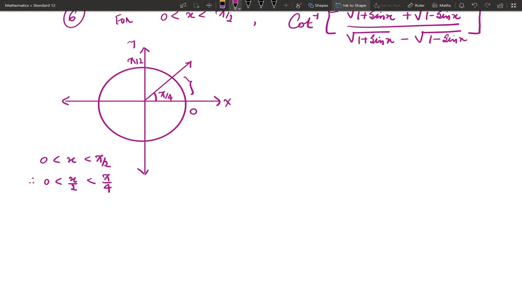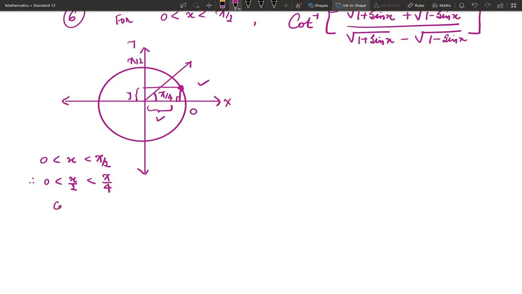If you take any point on the unit circle between 0 to pi by 4 and take the foot of perpendicular, you can note that the x coordinate is always greater than the y coordinate.